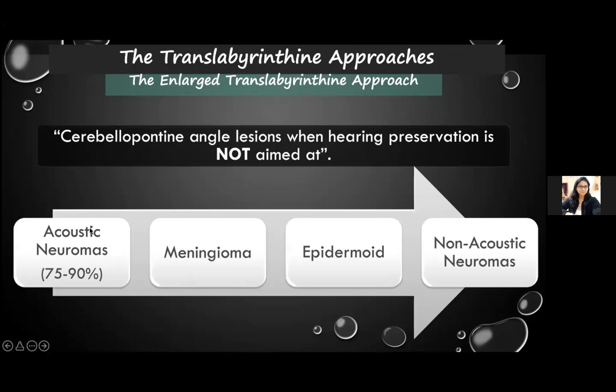The various tumors in decreasing order of frequency: the most common tumor in the cerebellopontine angle is acoustic neuroma, around 75 to 90%. Then, in decreasing order, we have meningioma, epidermoids, and non-acoustic neuromas.